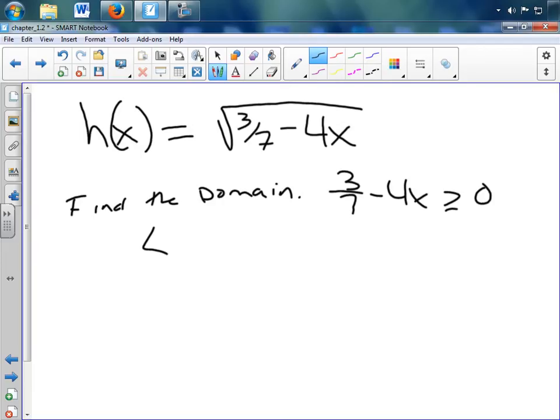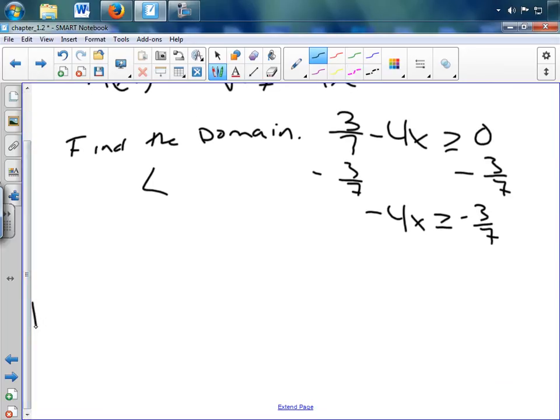Okay? So I'm going to minus 3/7 on both sides. So I have negative 4x greater than or equal to negative 3/7. I'm going to divide by negative 4, so I have to flip the sign. And I'm going to get positive 3/28.